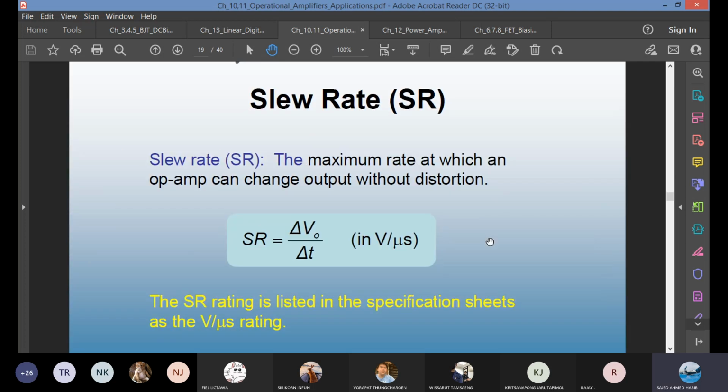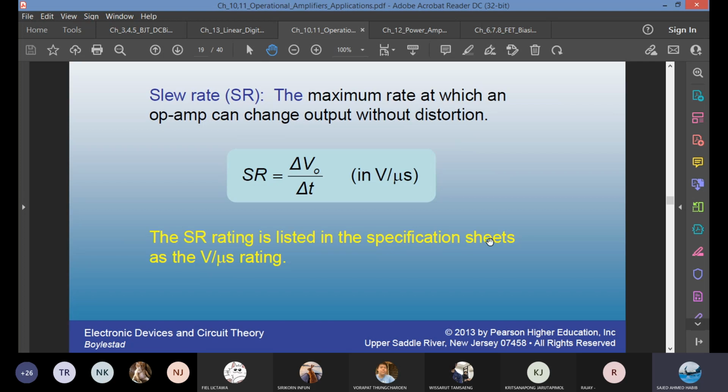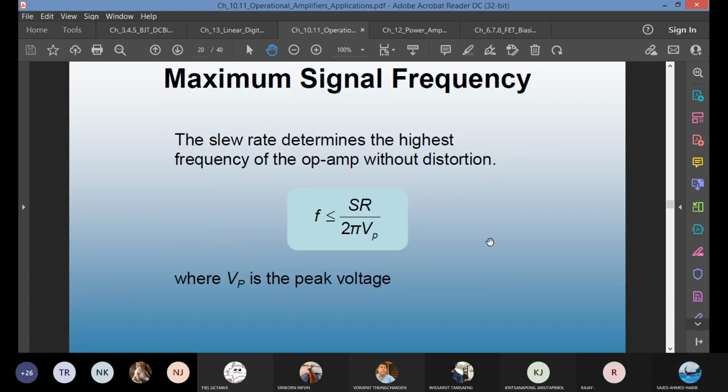Slew rate is the maximum rate at which the op amp can change output without the waveform getting distorted. It is delta V out over delta T, typically in volts per microsecond. One you should remember, I'm not sure if this is given in the equation sheet or not: signal frequency is slew rate divided by 2 pi and peak voltage.